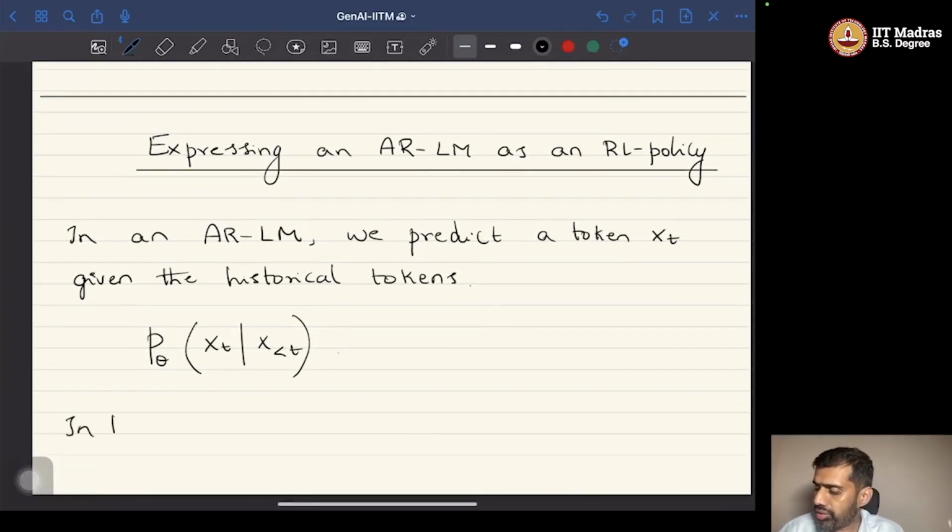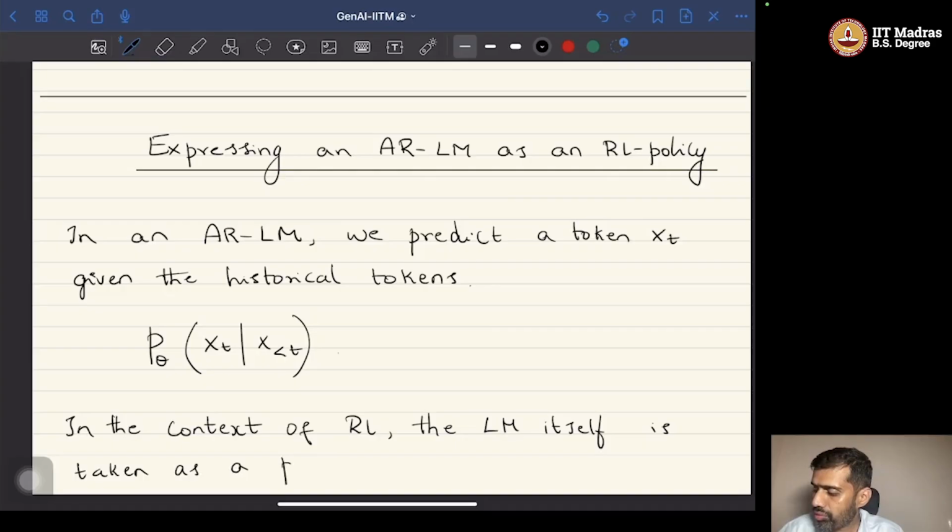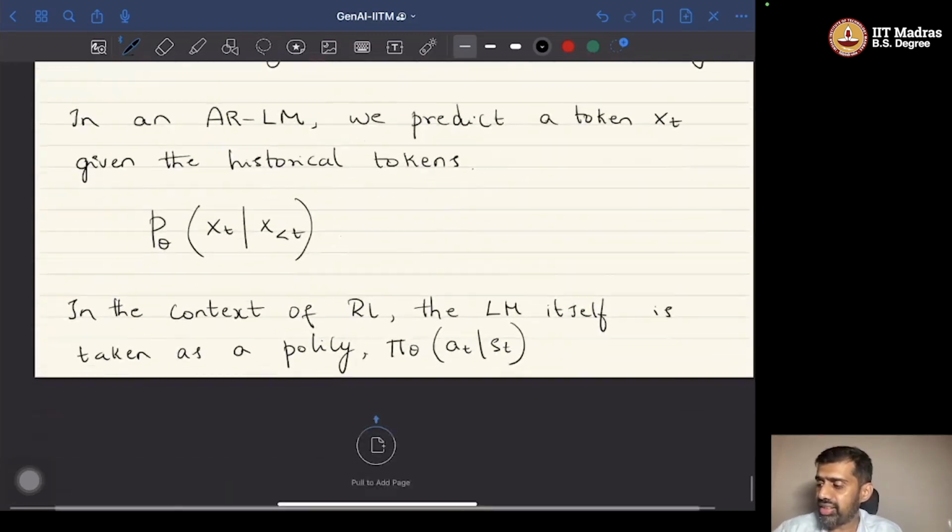In the context of reinforcement learning, the language model itself is taken as a policy, policy pi theta, so pi theta of at given st. The trained language model, which is p theta of xt given x less than t, is itself considered as a policy.